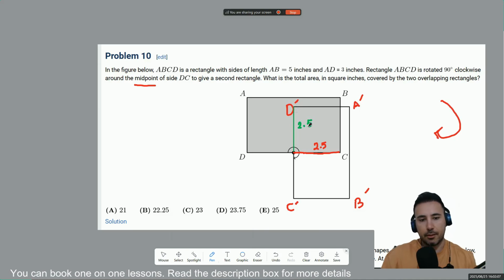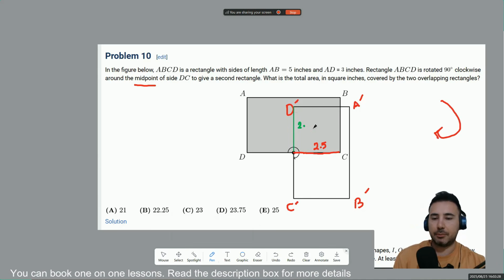So now, luckily, okay. What is the area of this part? This square, 2.5 by 2.5. We know 25 times 25 is 625. So 2.5 times 2.5 is 6.25.